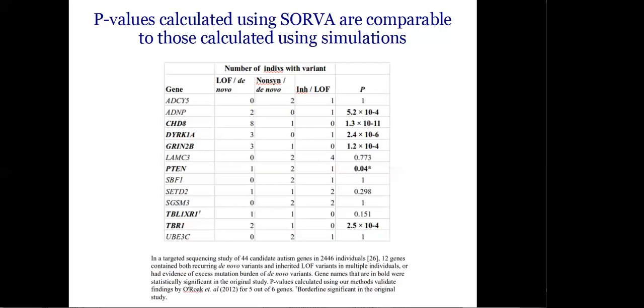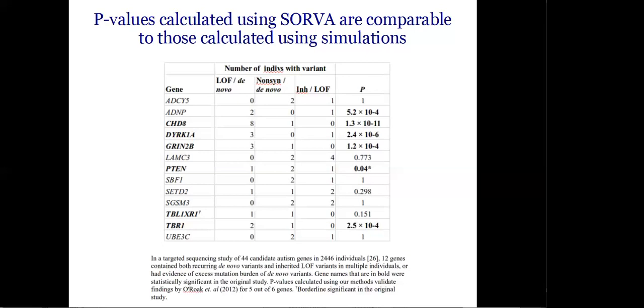We find that 5 out of their 6 are significant using SORVA. One that was borderline significant in their study didn't meet the threshold for SORVA, although we did find one additional gene, the second gene, ADNP, was significant using SORVA because we're incorporating the information that this gene is extremely intolerant of variation in the general population, and that makes this gene significant.